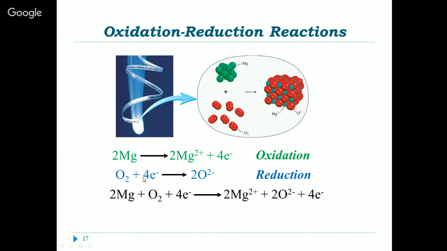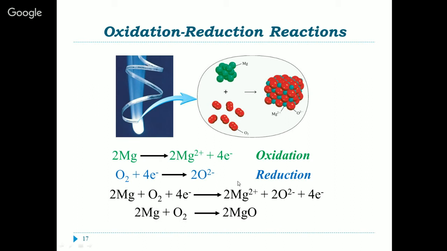So overall, if I put these 2 reactions together, I call these half reactions because it's only half of what's going on. If I put them together by grouping all of my reactants on the left side of the arrow and all of my products on the right side of the arrow, I then see that I can cancel out my electrons as if they're spectator ions, but they're not, they're simply the same on both sides, so I can cancel them out.